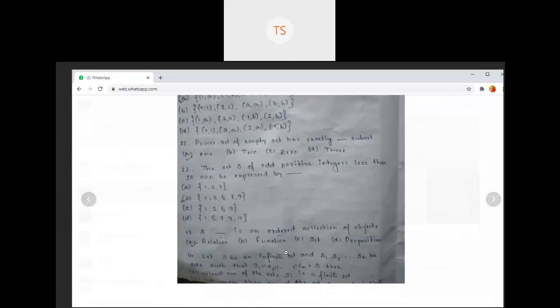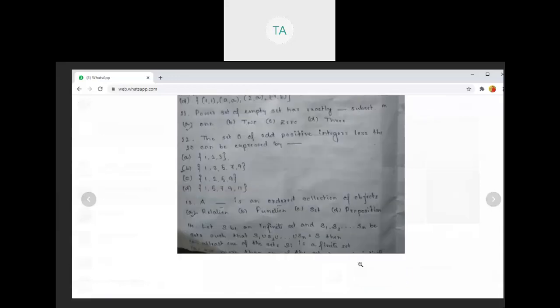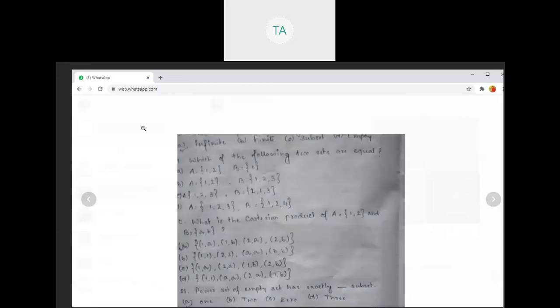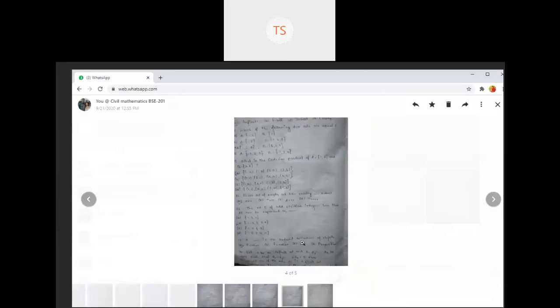Now we have to go to page 4. This is page 4. Yes.